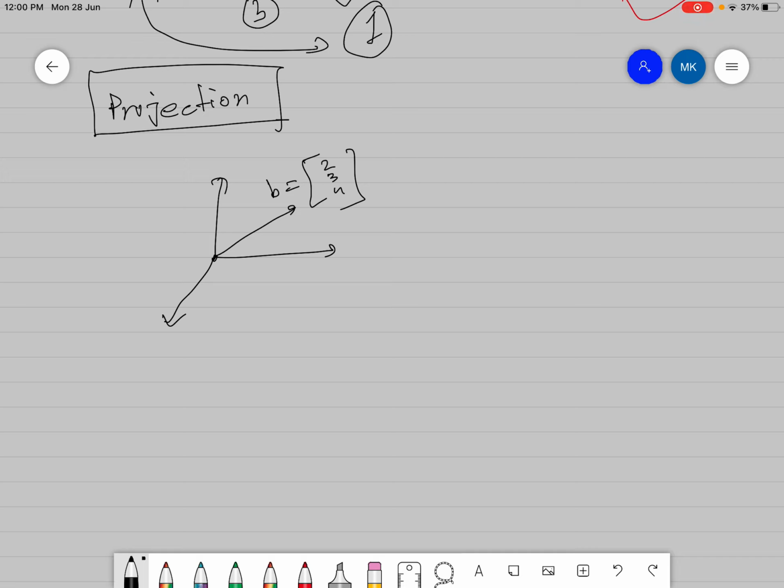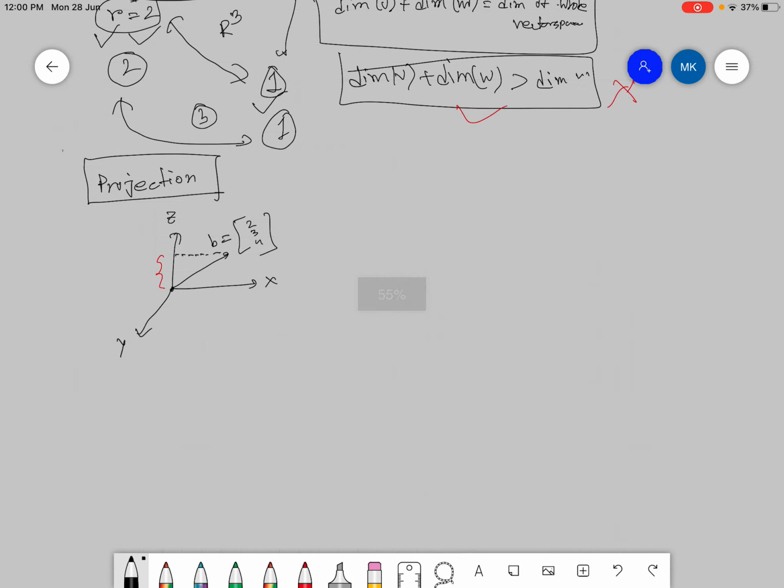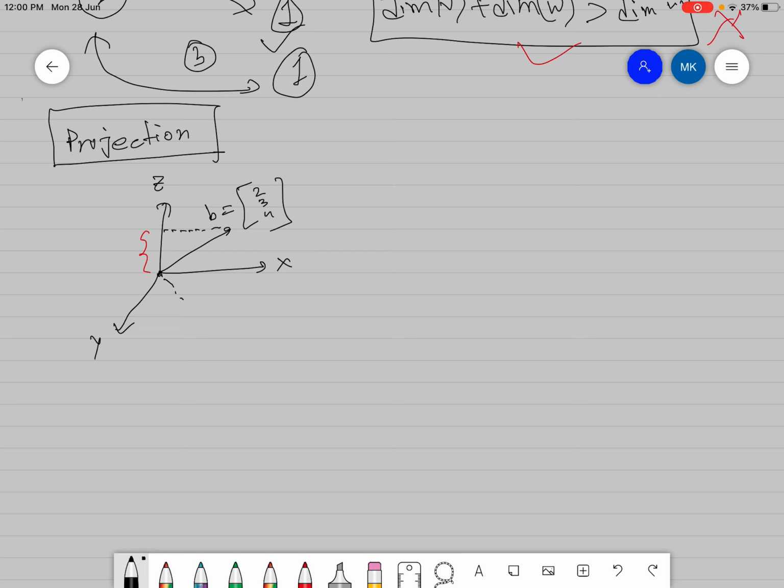Let's say this is the z axis, this is x, this is y, and this is the xy plane.